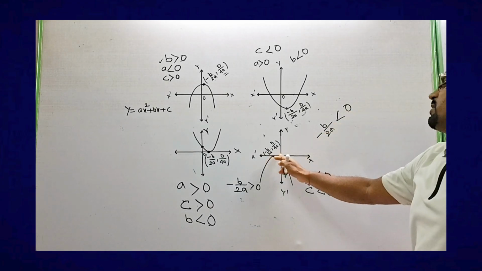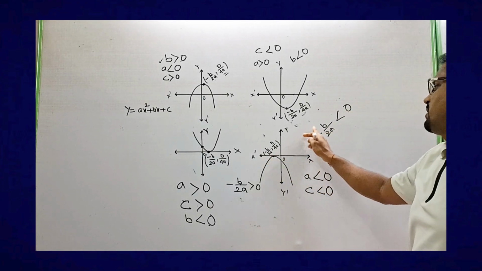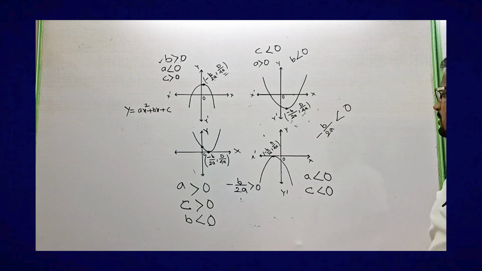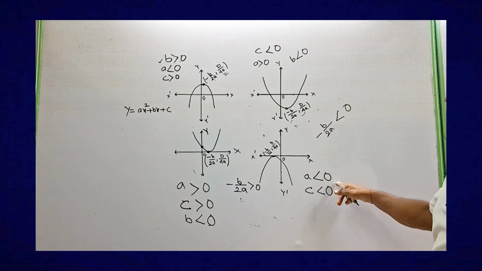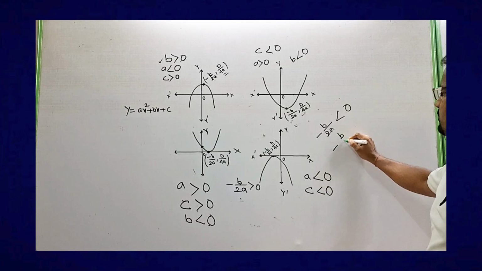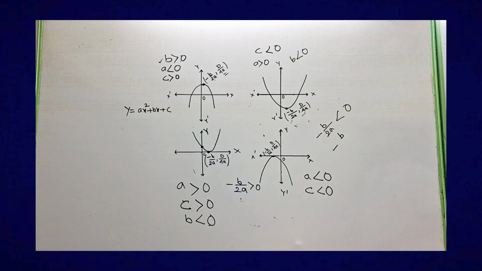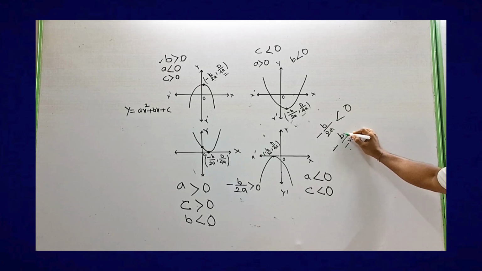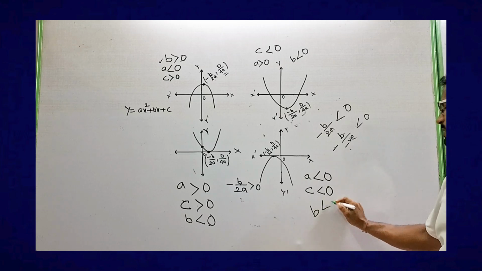From the graph, the vertex is on the negative x-axis, so the x coordinate of the vertex is less than 0. Now check the sign of a, which is less than 0. If a is less than 0, then minus b is here and 2a will be negative, so minus minus becomes plus. Here it is less than 0, therefore b must be negative. So only if you give a negative b value will it be less than 0. So here b is less than 0.